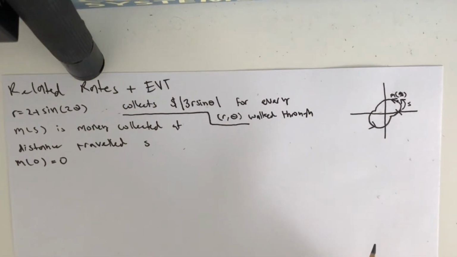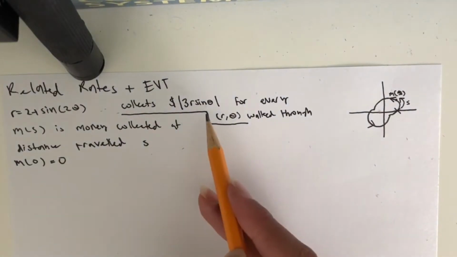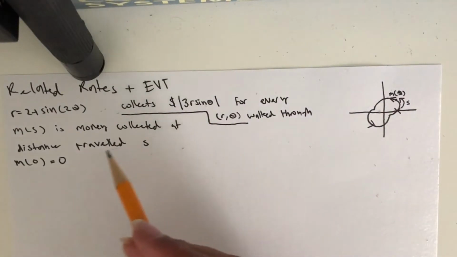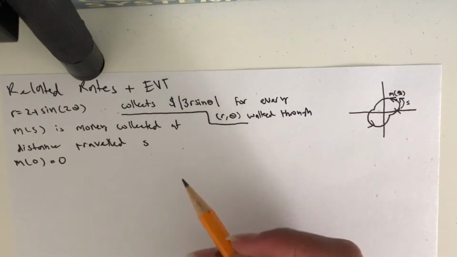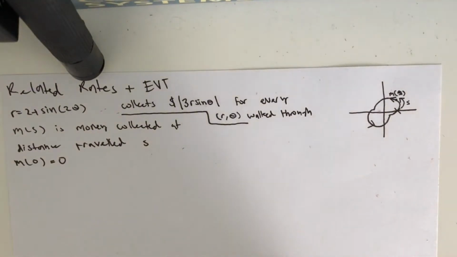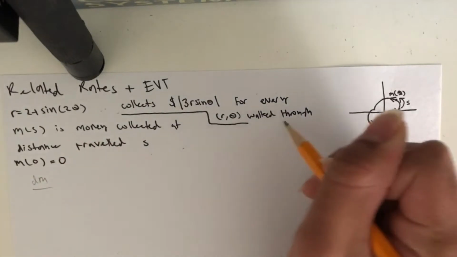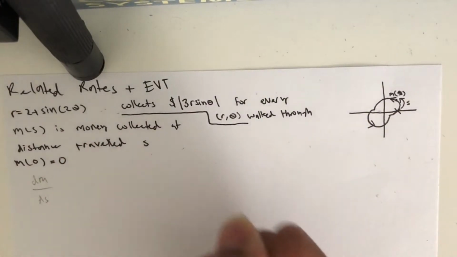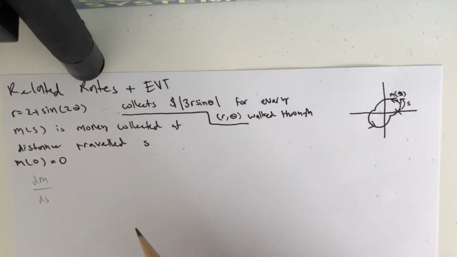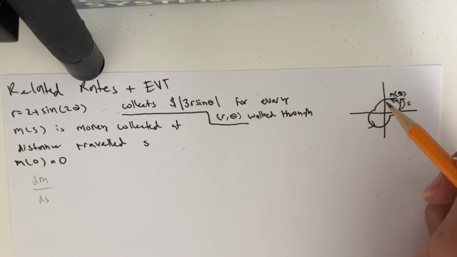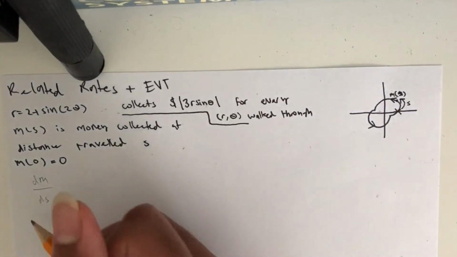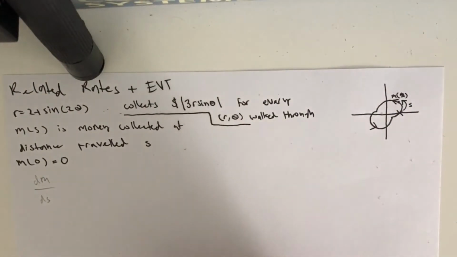To solve this, first we need to interpret this rate as something in terms of m and s. This is the rate of money he makes, which is dm, for every point walked through, ds. ds can be interpreted as an infinitely small line segment along the curve, which would just then be a point, which is why ds would be every point he walks through.